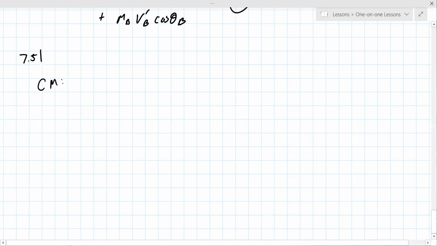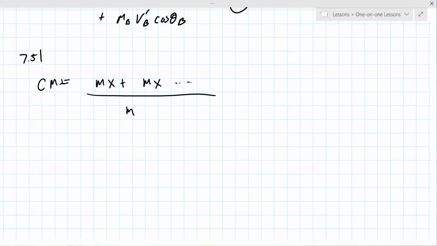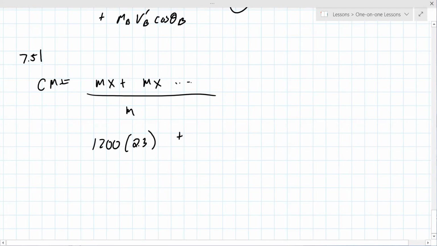So your center of mass is the m times x plus the m times x and so on, all over your m's. Okay. Oh, this one's weird. Okay, so in your problem, you have a 1,200 kilogram car. That is 2.30 plus.